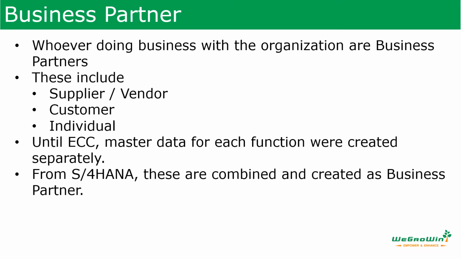This approach makes the master data maintenance easier and achieves harmonization among various business process functions. So as we said, a business partner can be a person or group of people or the organization. We can create a business partner in different roles. Those things we'll discuss now.